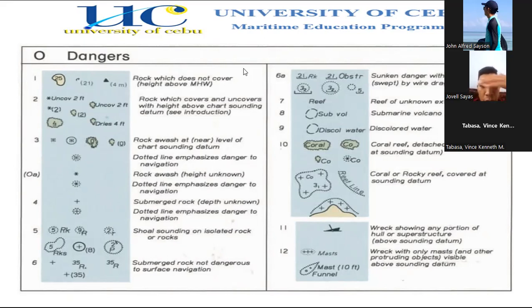Nine, discolored water. 10, coral reef detached at sounding datum. Coral or rocky reef covered at sounding datum. 11 is wreck showing any portion of hull or superstructure. 12, wreck with only masts and other protruding objects visible above sounding datum.